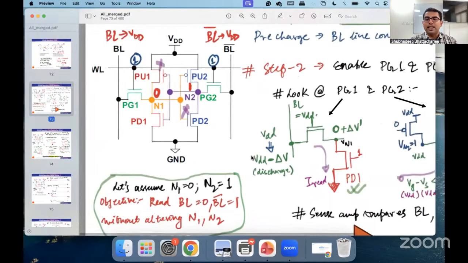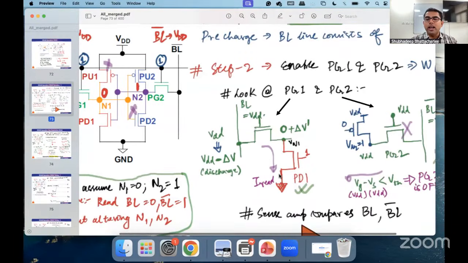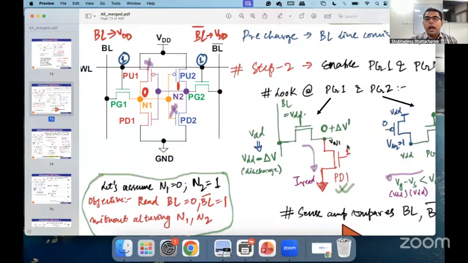Whenever current flows through any node, there has to be a drop in potential. And we saw that the node, which was earlier at 0, will shift to 0 plus delta V dash. This 0 plus delta V dash is your disturbance in your internal storage node.